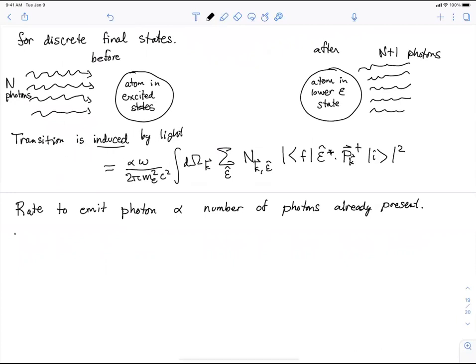So you can say, what if there are no photons already present? Then you can still have emission of light, but it's called spontaneous emission.